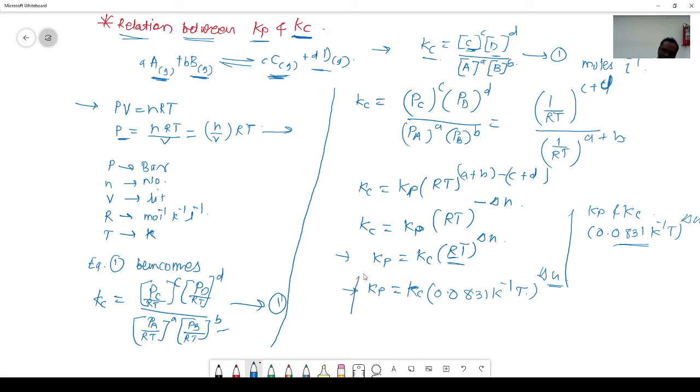Therefore, this is a very important equation while solving problems. That is Kp is equal to Kc into 0.0831 per degree Kelvin into T raised to the power delta N. This is the relation between Kp and Kc. What we have done, we have converted this Kc equation into the partial pressure equation.